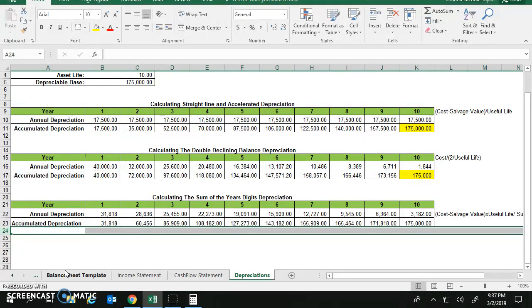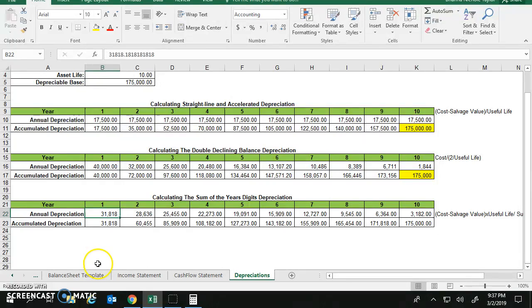With the sum of years, you take 200,000 minus 25,000, you get 175,000. And you do times 10 divided by 55 for the very first one. And that is how you get 31,818. The interesting thing about sum of years, each time you will have to decrease your useful life.